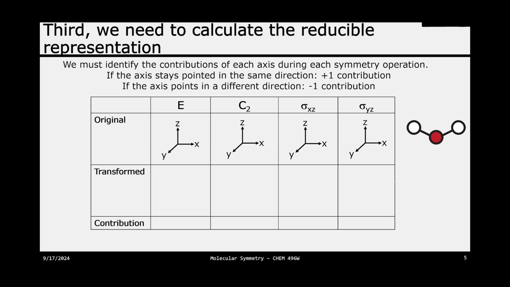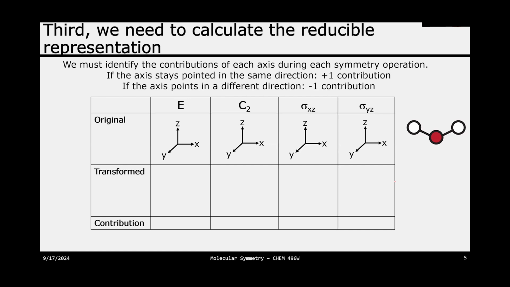So the first thing we want to do is identify the contributions from each axis during each symmetry operation. So however we aligned our axes, we're going to put them in here, and then we're going to figure out what's happening to them as we go through each operation. If something moves, we're gonna go a -1 contribution.